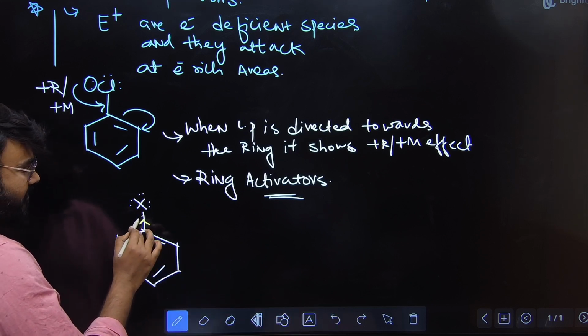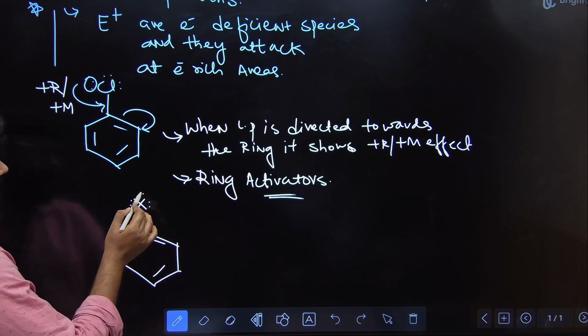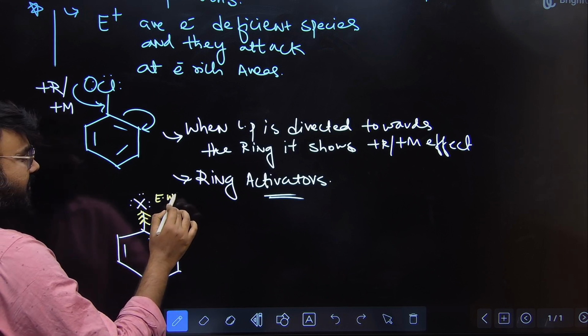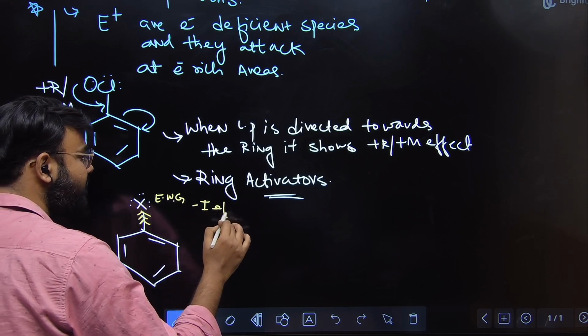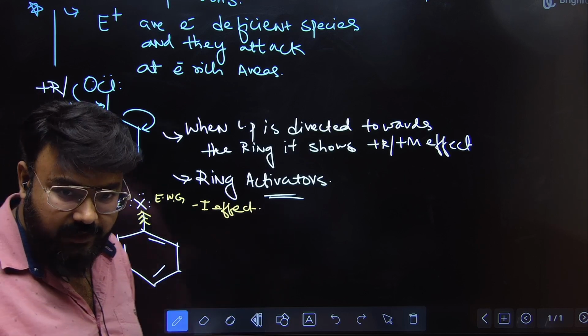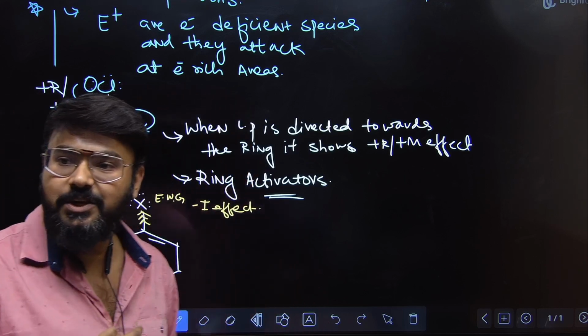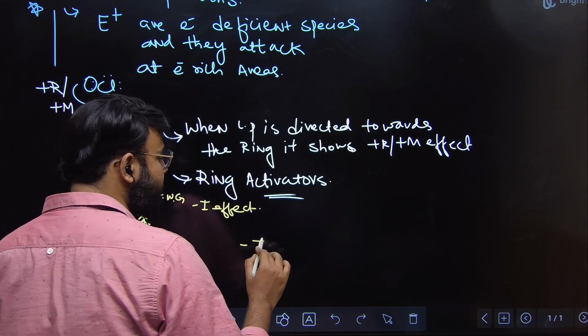Ananya, Avantika, you're getting it? Electron withdrawing group means it's a minus I effect. Plus M always dominates minus M, but in the case of haloarenes, minus I dominates plus M.